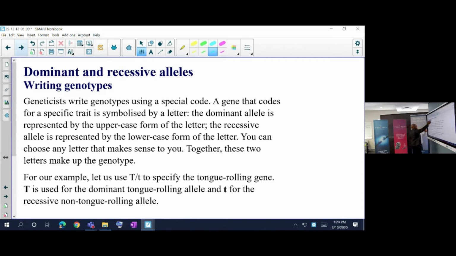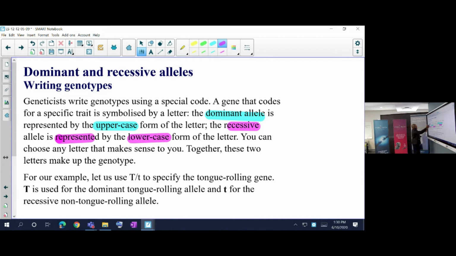So here I have said the gene that codes for a specific trait is symbolized by a letter. Dominant is always represented by the uppercase of the letter. So automatically it means recessiveness is represented by the lowercase. Uppercase, my grade 12, is the capital letter, lowercase is the small letter.